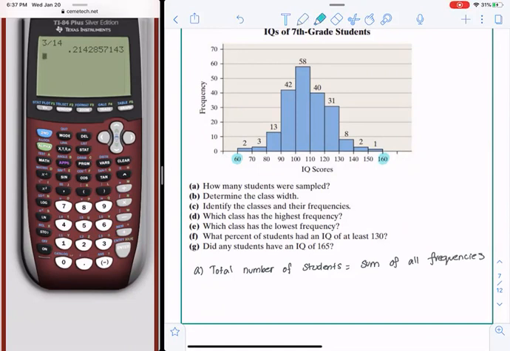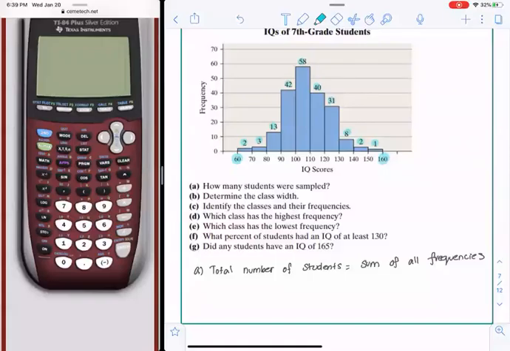So 2 plus 3, 5, 5 plus 13, 18, 18 plus 42, 60, 60 plus 58, 118, 118 plus 40, 158, 158 plus 31 is 189, 189 plus 8 is 197, 197 plus 2 is 199, and plus 1 is 200.